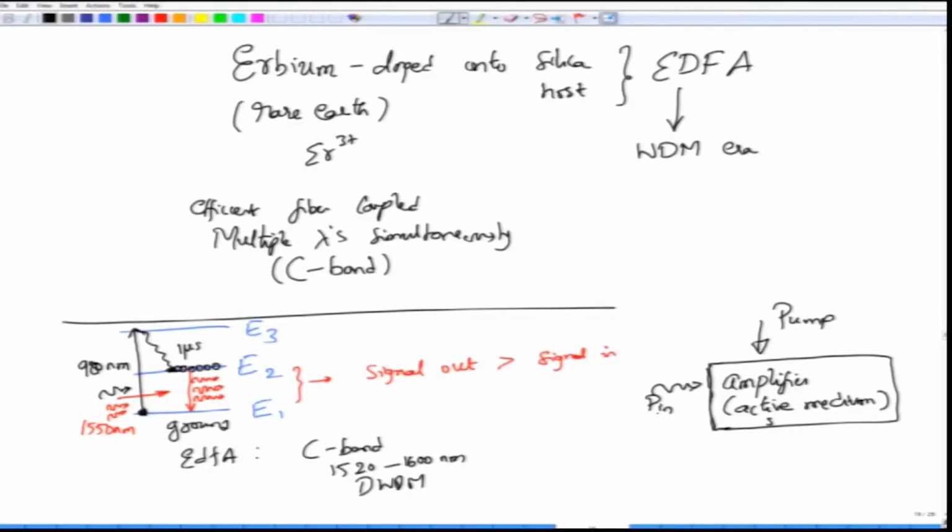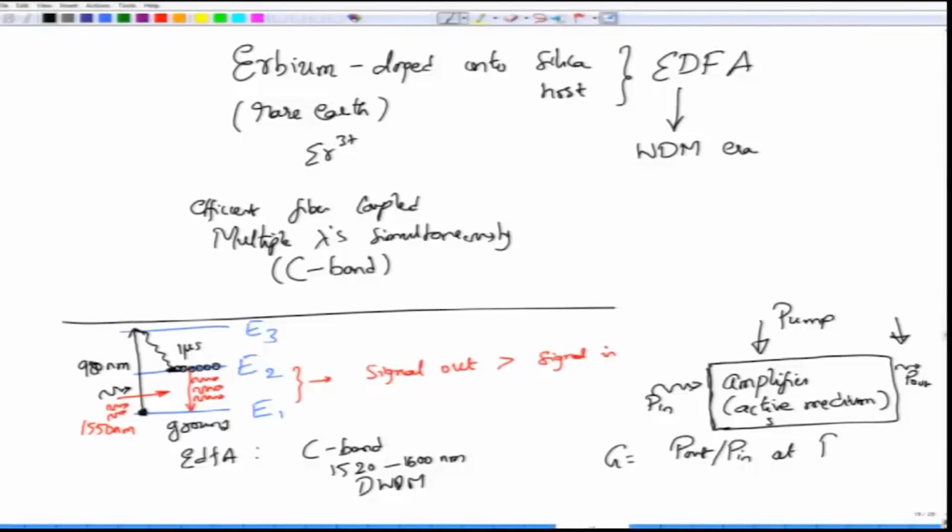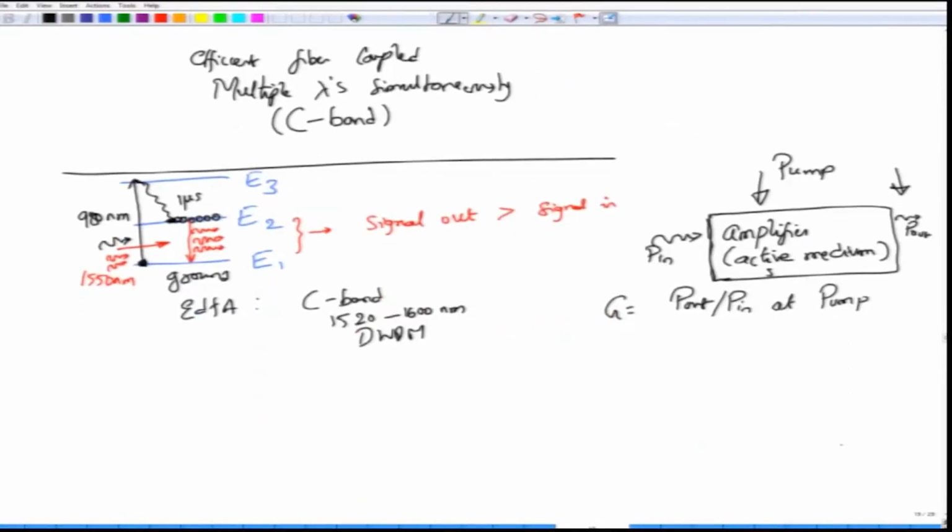So, I supply an external input signal so that I get an amplified external output signal. Okay. So, what I have written over here is P out, and the gain can be written in terms of P out and P in as how much optical power you obtained at the output compared to what optical power you gave at a certain pump current or pump value. Okay. So, this same idea is for both SOAs as well as for EDFAs.